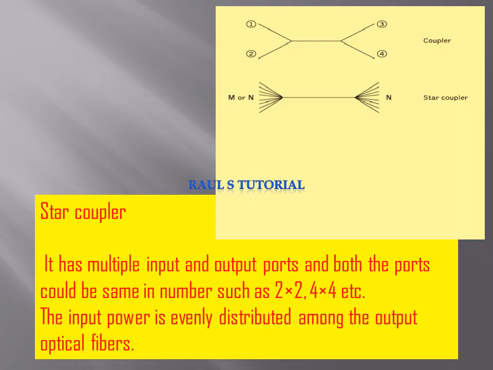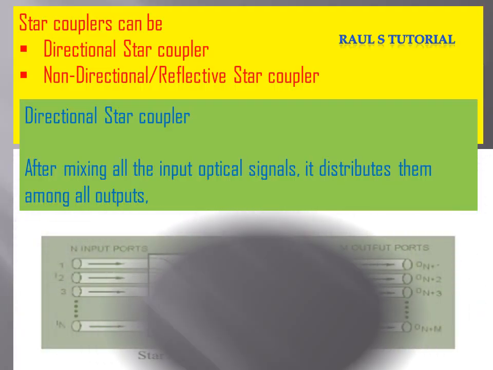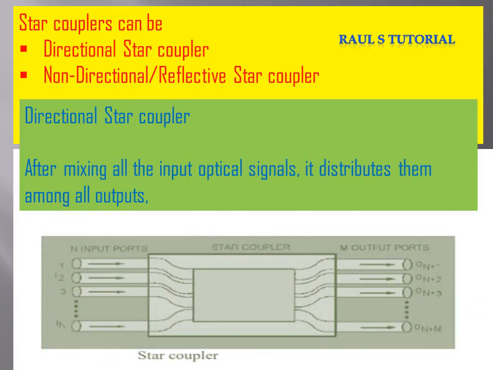Star coupler. It has multiple input and output ports, and both the ports could be the same in number, such as 2 cross 2, 4 cross 4. The input power is evenly distributed among the output optical fibers. Star couplers can be directional star couplers and non-directional or reflective star couplers.